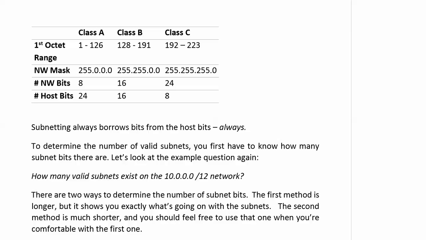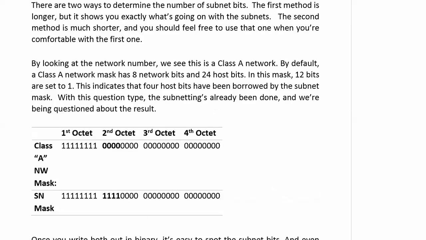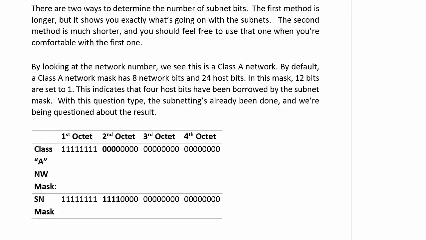And looking at this question again, 10.0.0.0/12, we know by looking at the network number that this is a Class A network. By default, a Class A network mask has 8 network bits and 24 host bits. So that means that someone's already come in and done the subnetting, and we notice by looking at that mask that we have 12 bits set to 1.